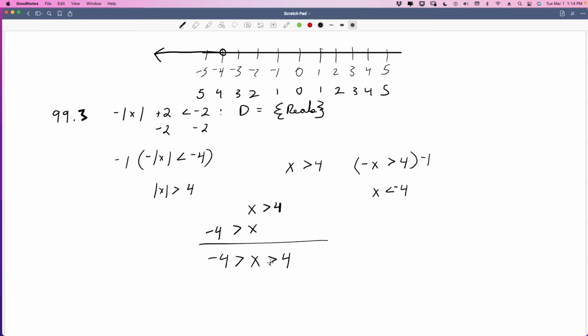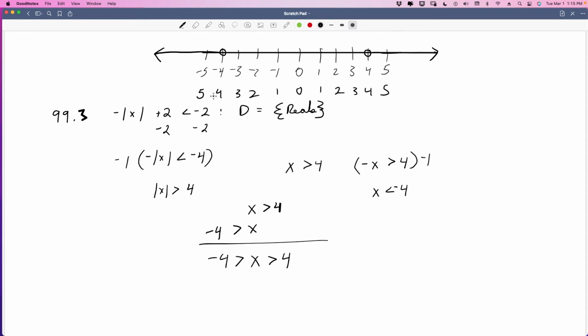But then looking at x is greater than 4, we're going to circle the 4 and then go to the right. Everything there is included. So all of these numbers in the middle are not a part of this disjunction. They're not a part of the values of x. X is negative 4 or less, and positive 4 or greater.